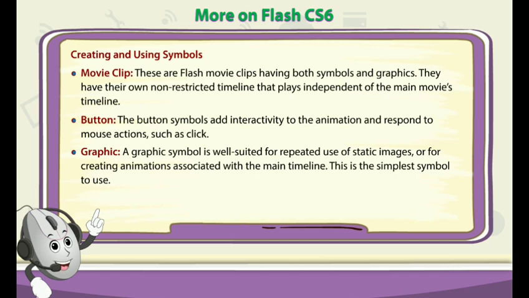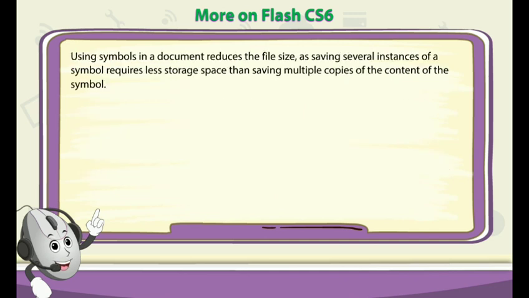Graphic symbol is well suited for repeated use of static images or for creating animation associated with the main timeline. This is the simplest symbol to use. Using the symbol in a document reduces the file size, as saving several instances of a symbol requires less storage space.